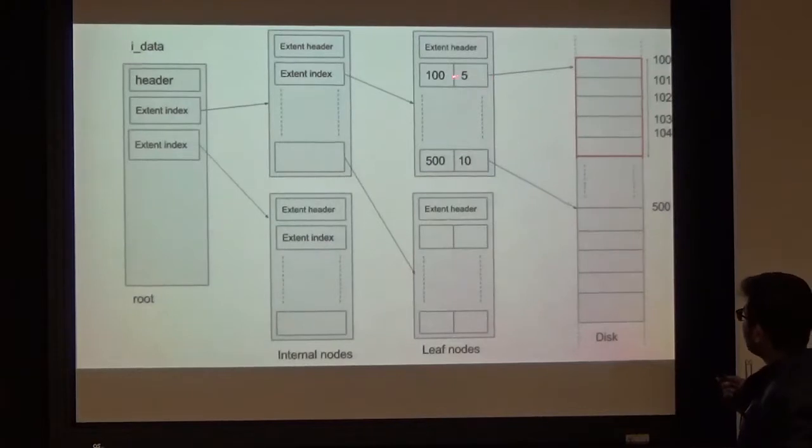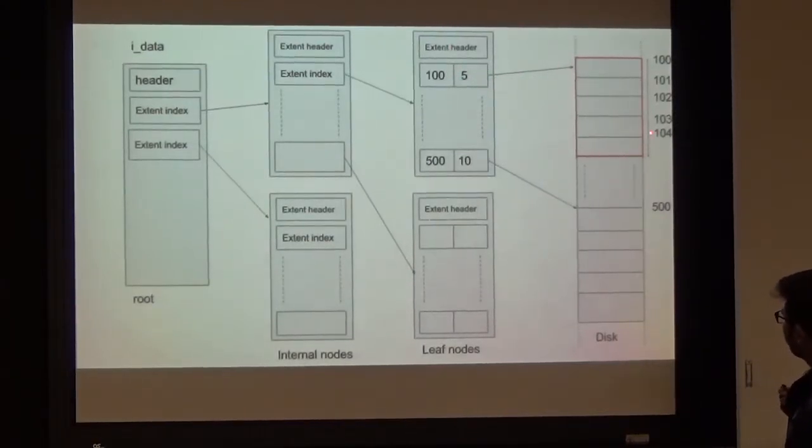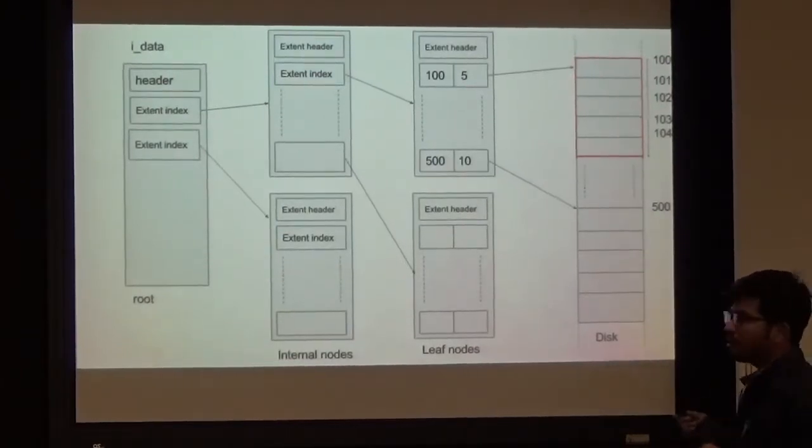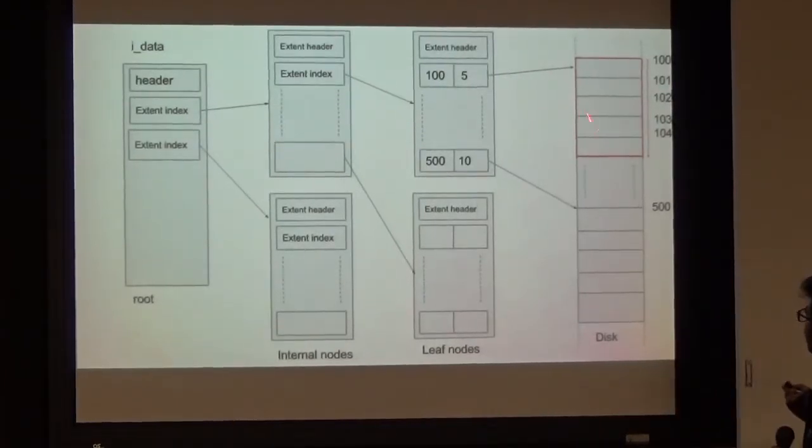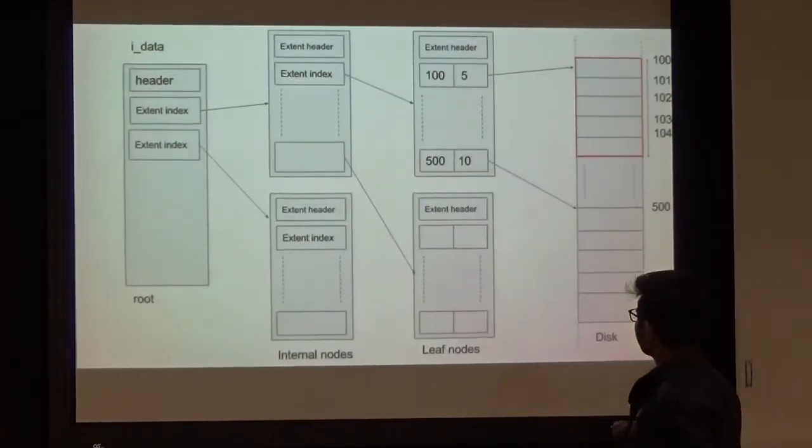So this particular pointer is a single pointer for 5 blocks starting from 100. We don't need one pointer for each block here. Once we have this 100 as the address on the disk, we can directly access 100, 101, 102 till 104.